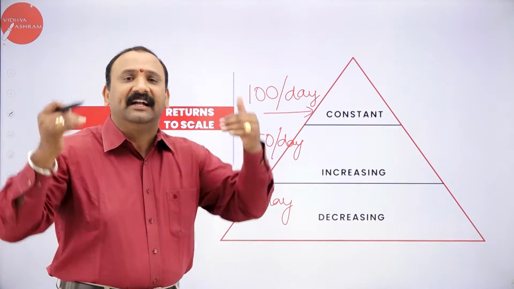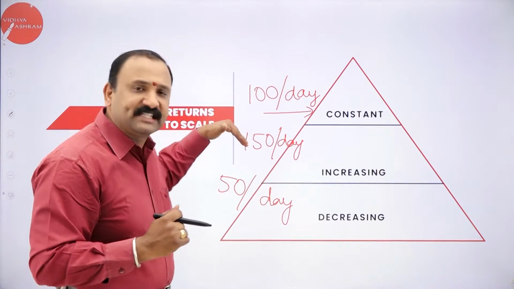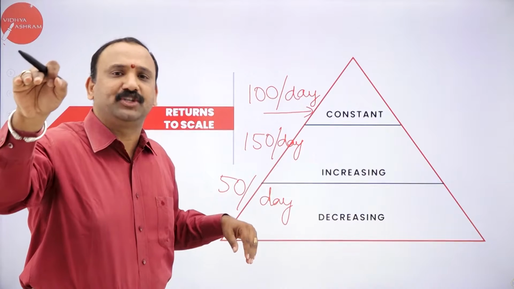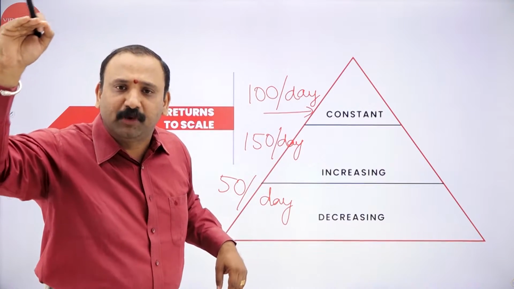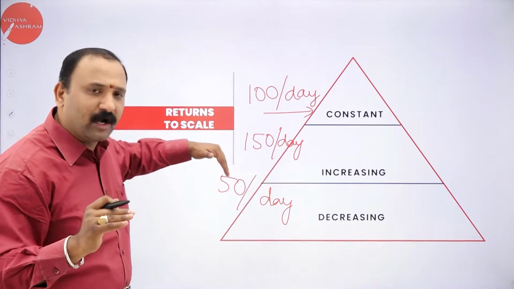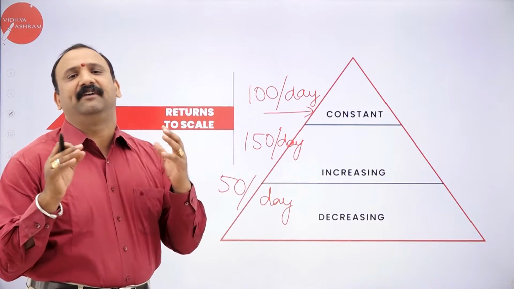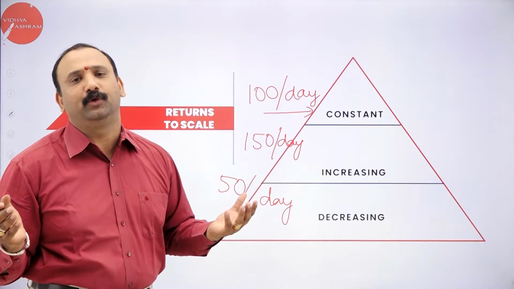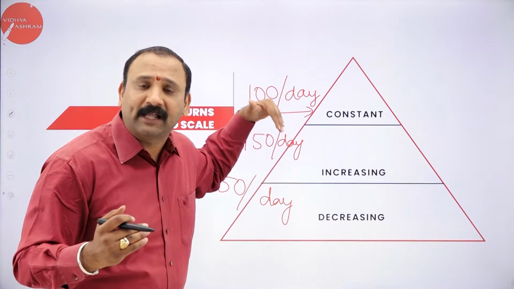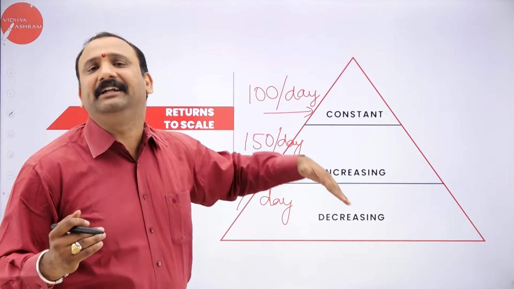The decrease comes because beyond a point, any production will hit a saturation, and that saturation will automatically lead to a decline. So you come to a decline position and you say, sir, I have come to the end of the road. That is the point where you see that your output has started steadily declining.